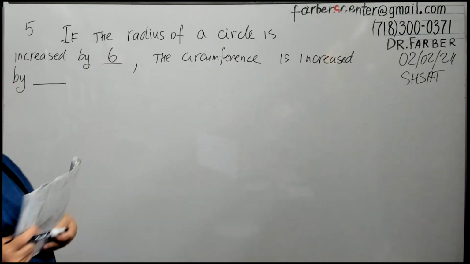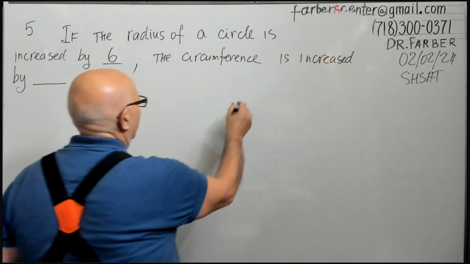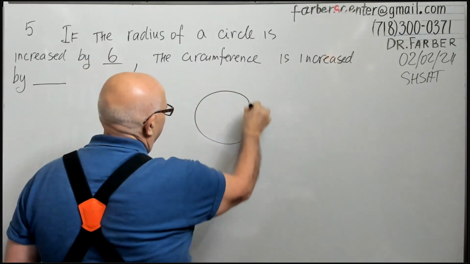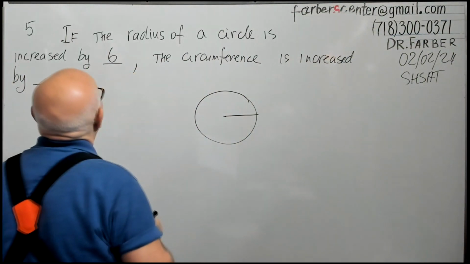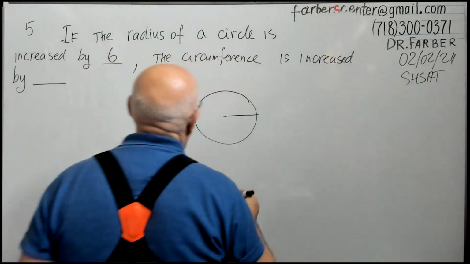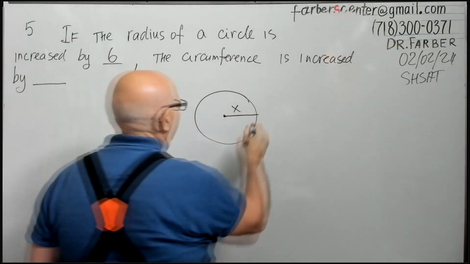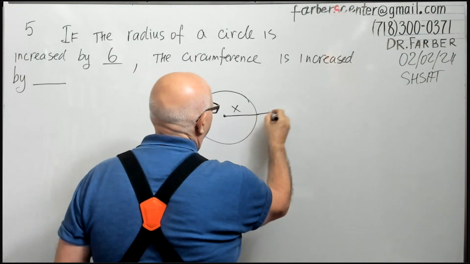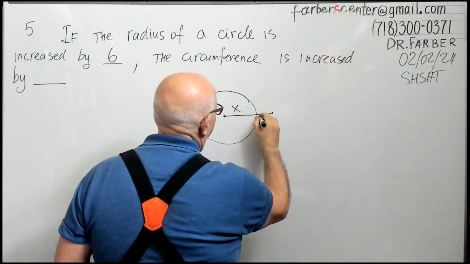Okay. So let's make. I solve it myself. Okay, since we're out of time. Then you have a circle. They don't specify the radius. We don't know this radius. Let's say x. And after that, you make it bigger. You make it bigger. So this is 6.